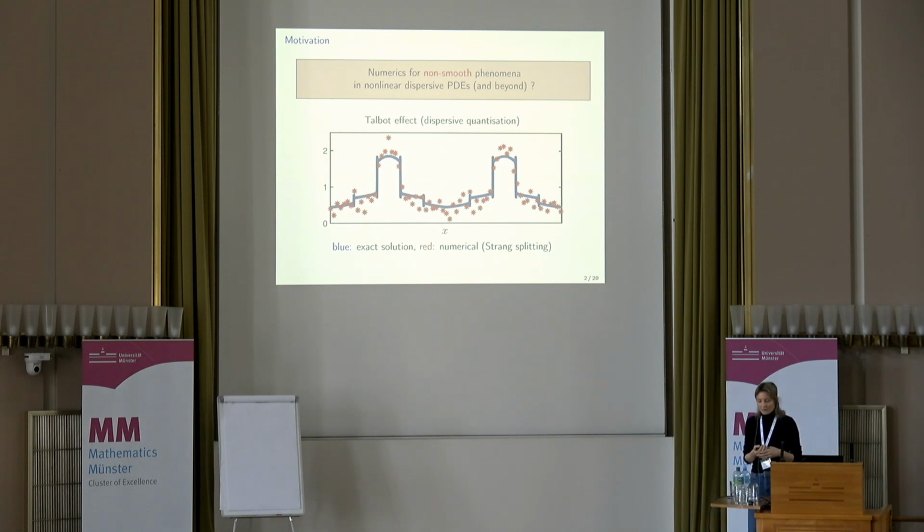And very interestingly, mathematically and physically, what you observe is that the solution quantizes. So at certain time points, the solution quantizes. And this is, of course, very nice numerically, because you know analytically that your solution has this quantization. So you can test your numerical scheme and see in how far you reproduce this quantization on the discrete level.